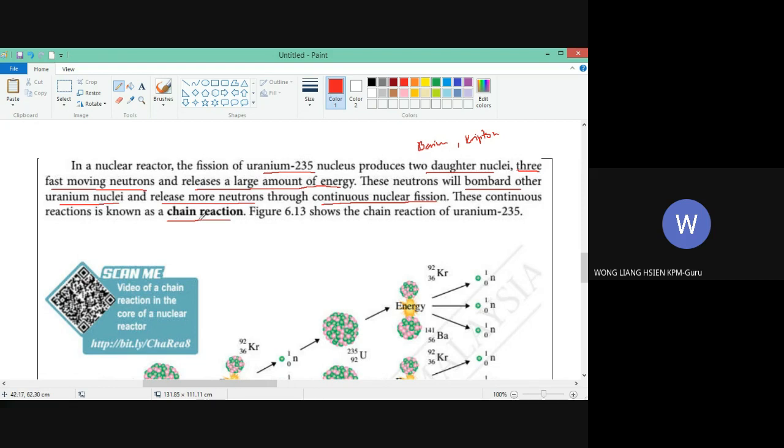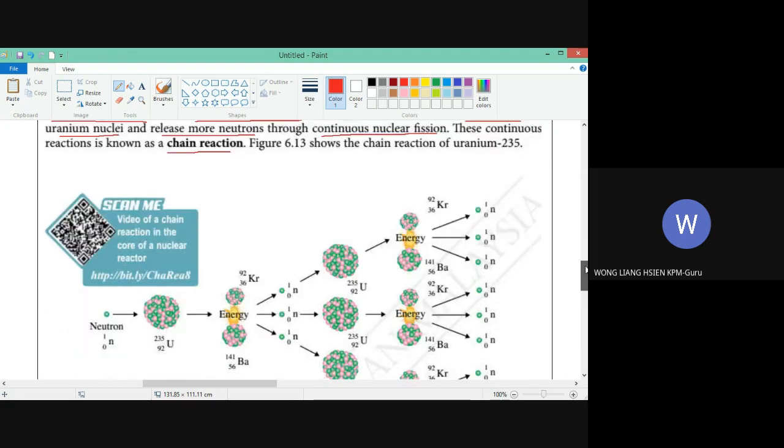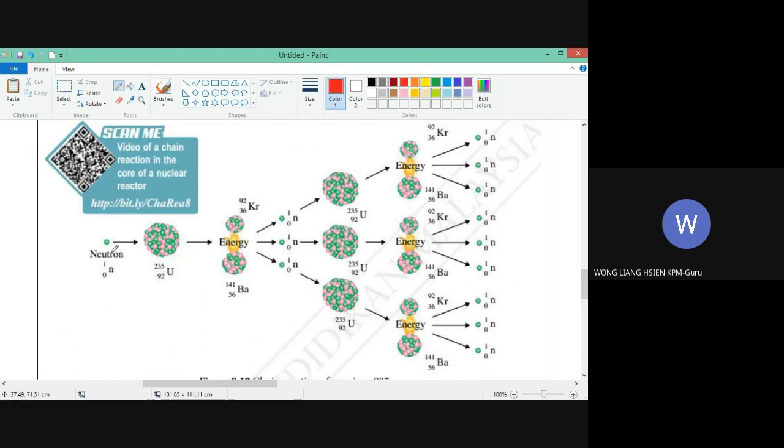Okay, so what it means here is one neutron goes into one uranium-235. This uranium-235 will turn into uranium-236 and then split. We don't talk about the uranium-236 because it only exists for a very, very short amount of time.